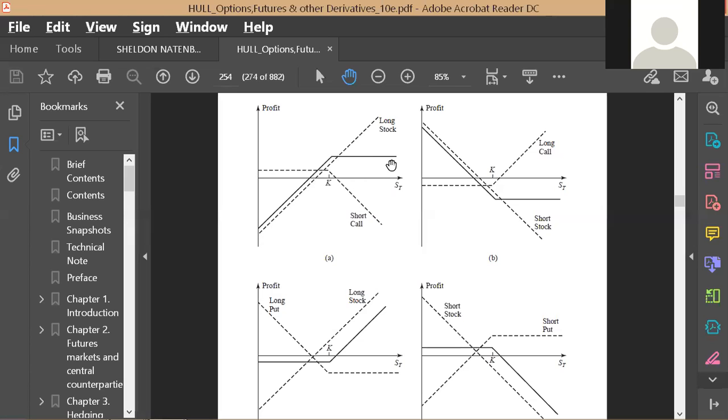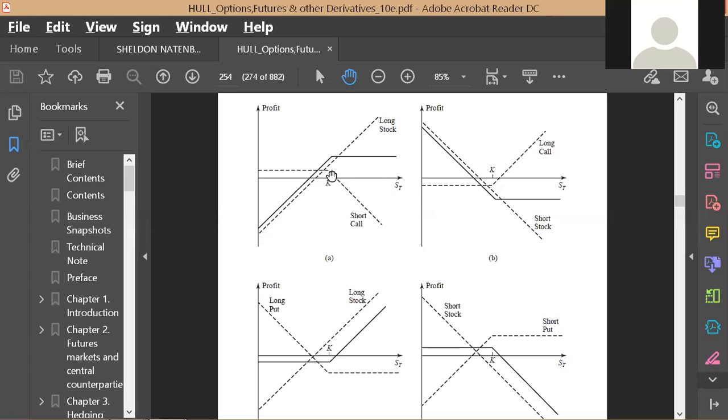The original position is a short put, so if you need to make money, you must be selling an option, and it can't be a put. So the other position must be a short call. You draw the short call, you can see you'll pick up some money, but the short call has this kind of profile.